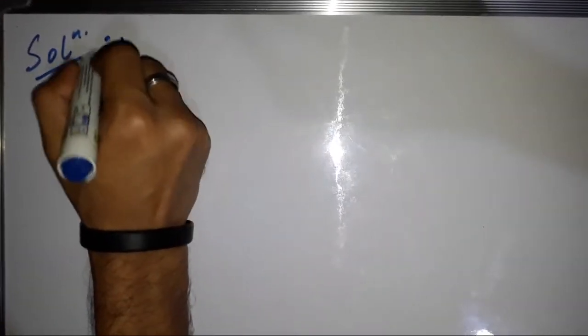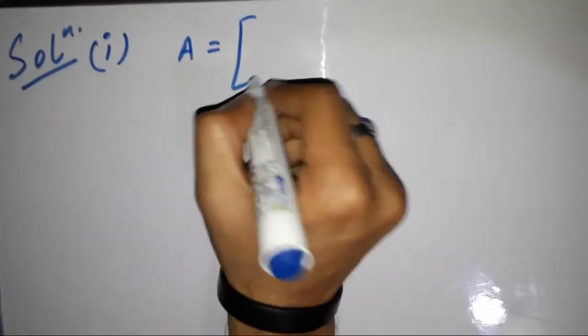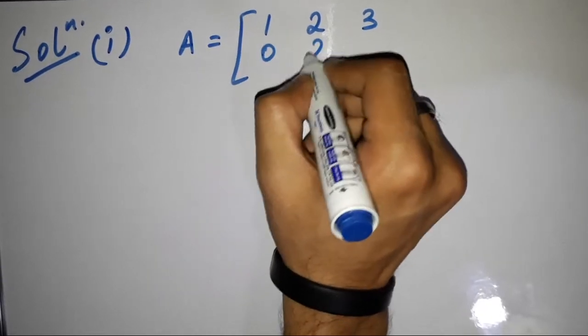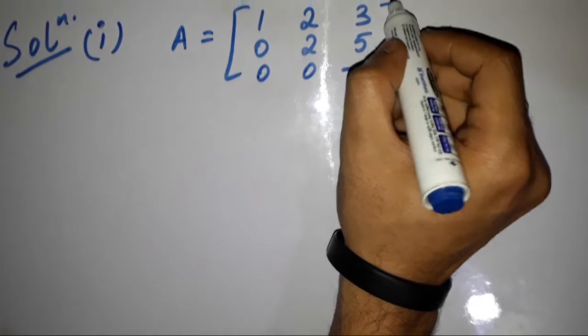The first one, the matrix given is A equal to [1 2 3; 0 2 5; 0 0 -1].